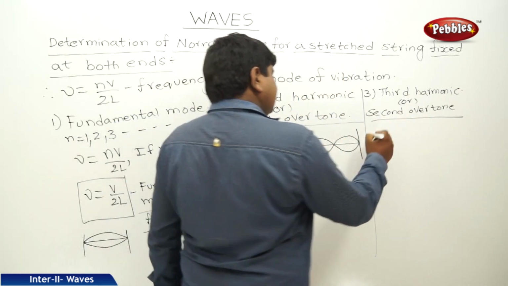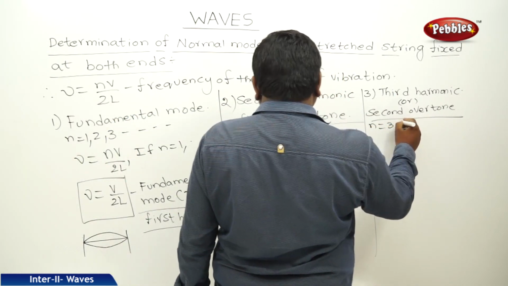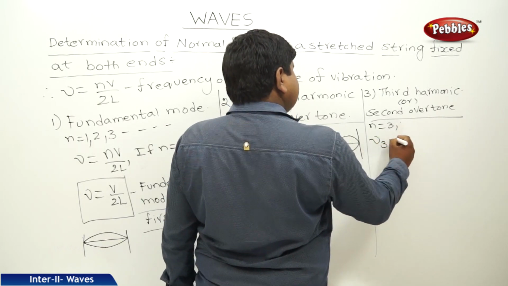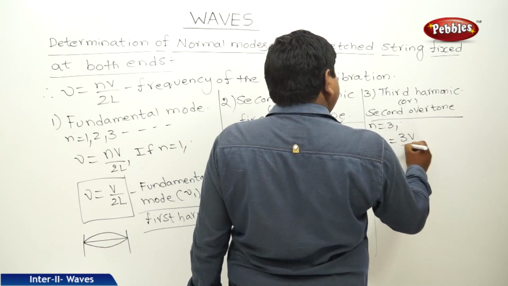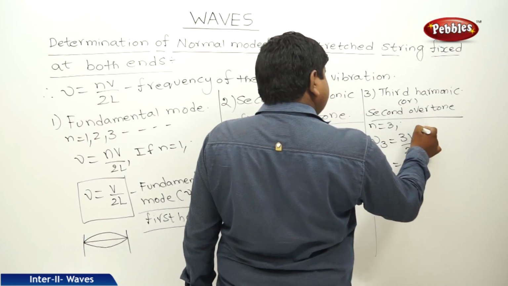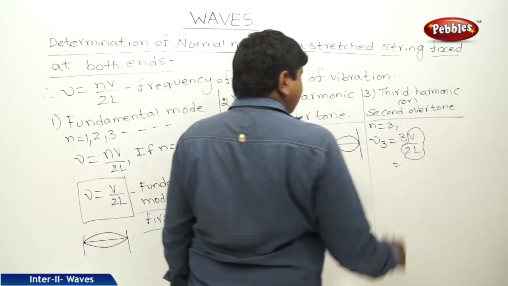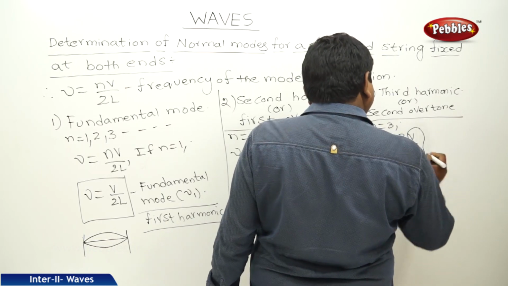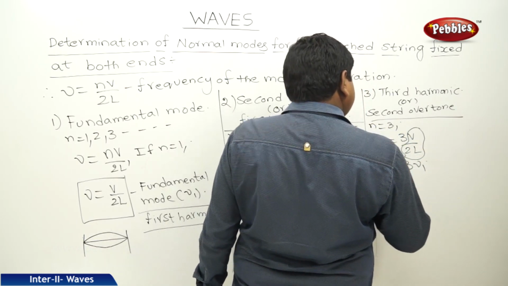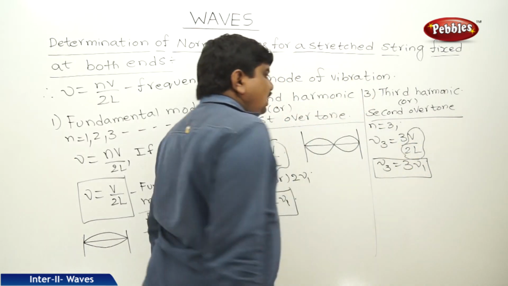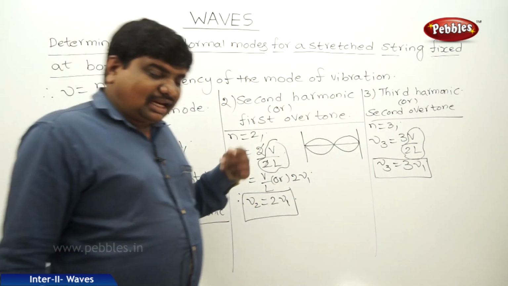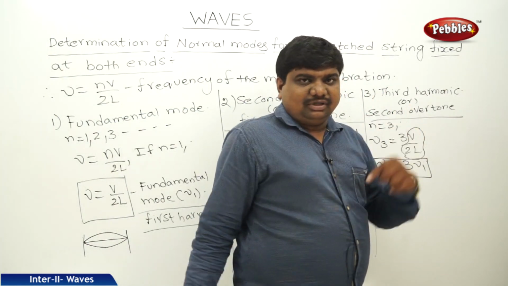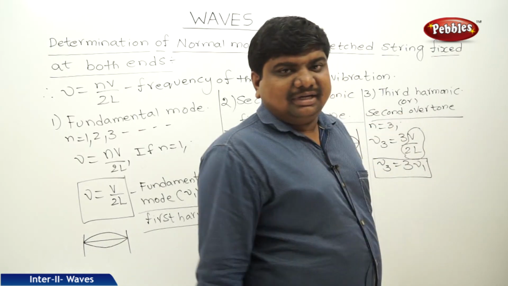In this case, n is equal to 3. So nu 3 is equal to 3 into V by 2L. This V by 2L is the fundamental mode. Therefore, it is 3 nu 1. So the third harmonic is 3 times the fundamental harmonic.